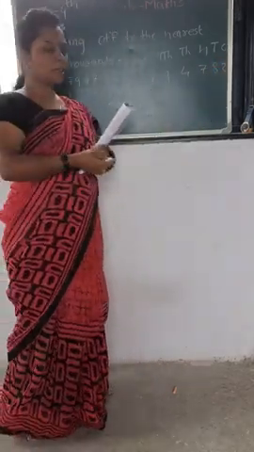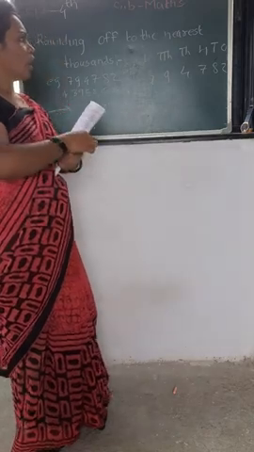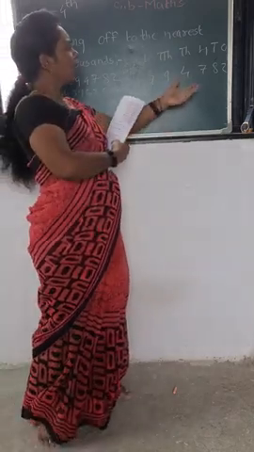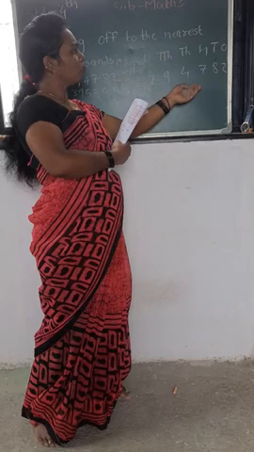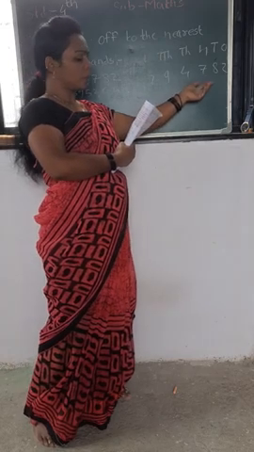Then our second step is to check the hundreds place. We have to round off to the nearest thousand, so we examine the hundreds place digit.